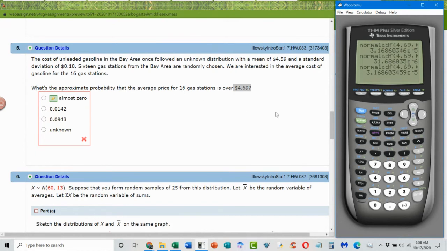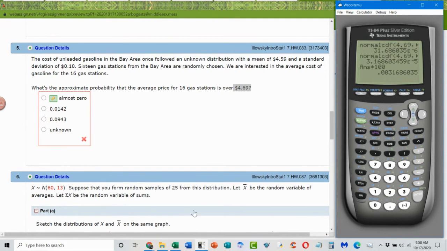If I was to turn this into a percent, times 100, I get 0.003% chance of that happening.